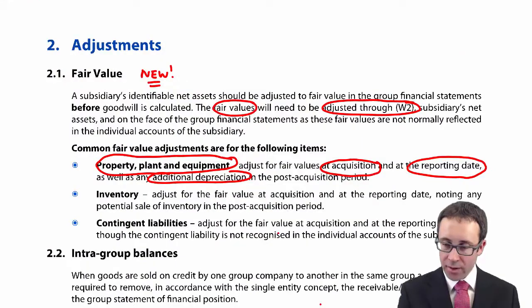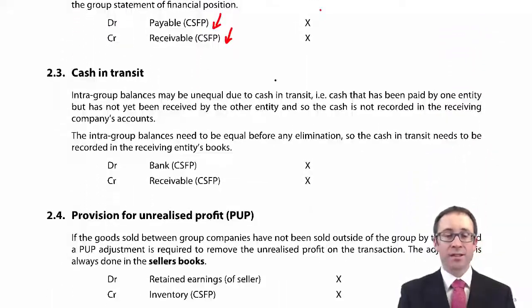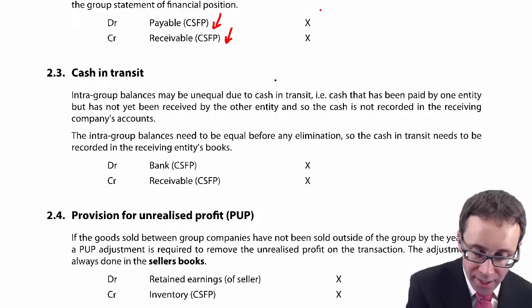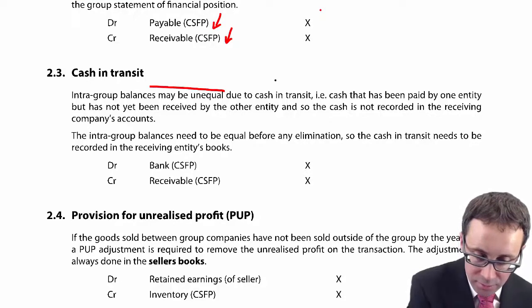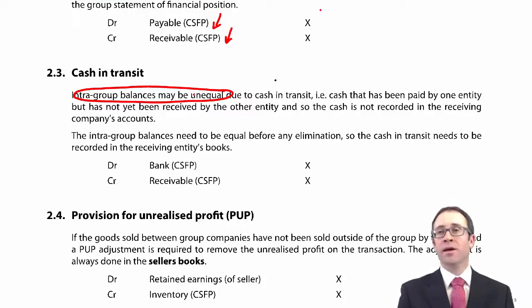If we look at the other adjustment that we have, that's your cash in transit. Cash in transit arises when you have intragroup balances that are unequal. The reason is that part of the liability has been paid off, but the receiving party has not yet received the cash.